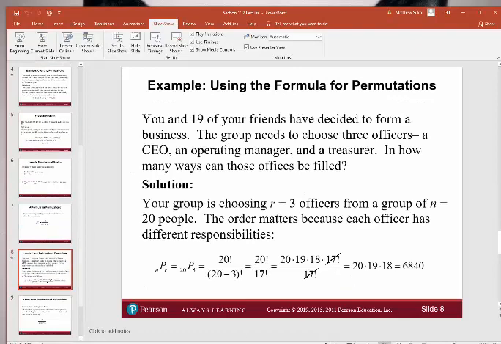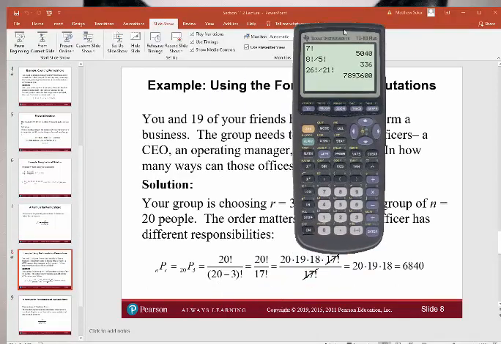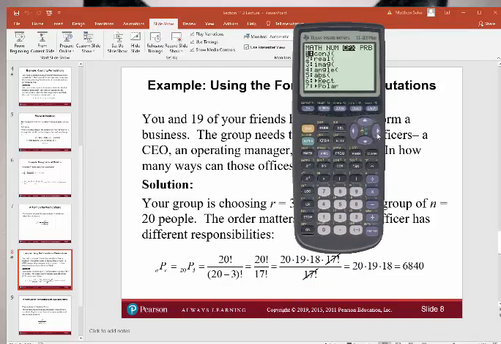Or you can use your graphing calculator to solve this really quickly. So if you go to the math button, under PRB, you see this thing called nPr. Look, nPr right here, the 20 pick 3.